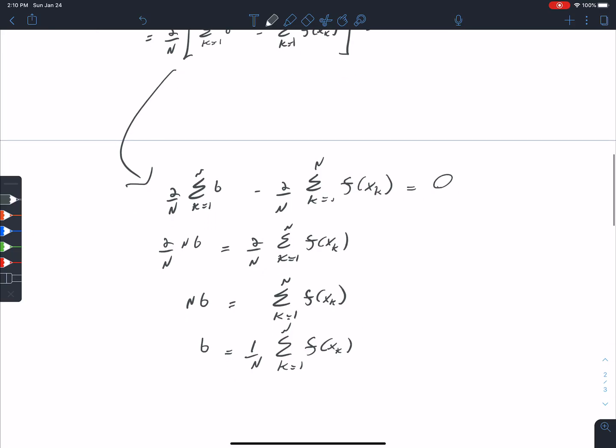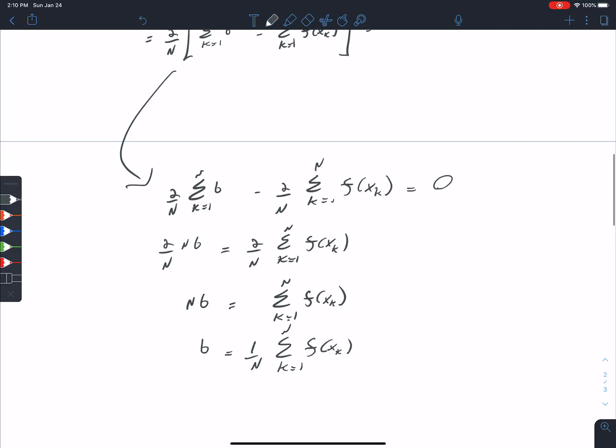The thing to see here is that there are many things to observe, but one important thing I would like to call attention to is that this solution is possible because we have a system of linear equations. Of course, in this system, we have just one equation and one unknown, which is b. But we will do this again pretty soon, and we'll generalize to more equations with more unknowns.